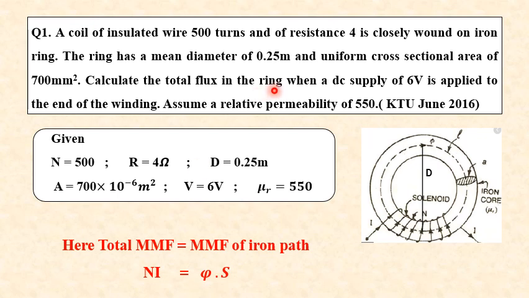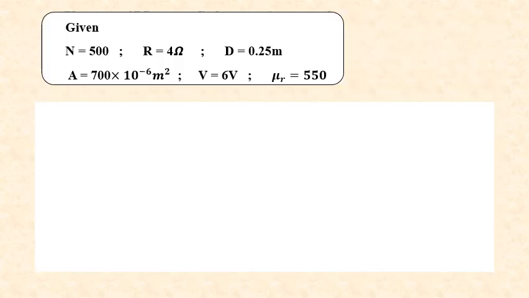In the question, we have to find the flux in the ring. So to find the flux, we have to find total MMF Ni, as well as calculate the reluctance S. Now let's see how we can find these parameters. First we need to find the current through the coil.